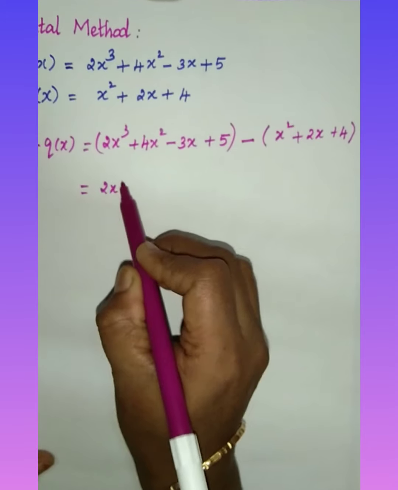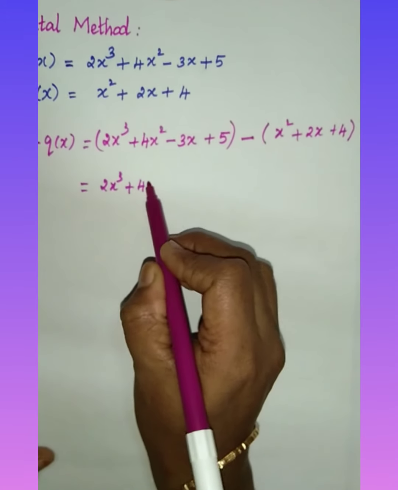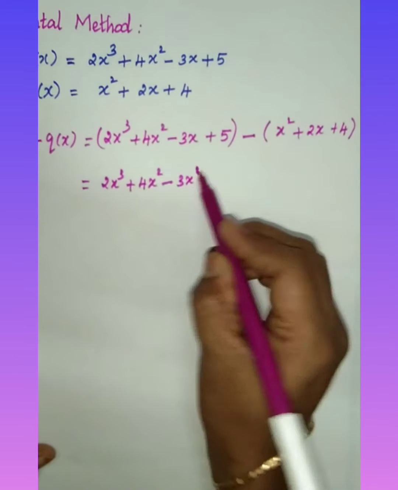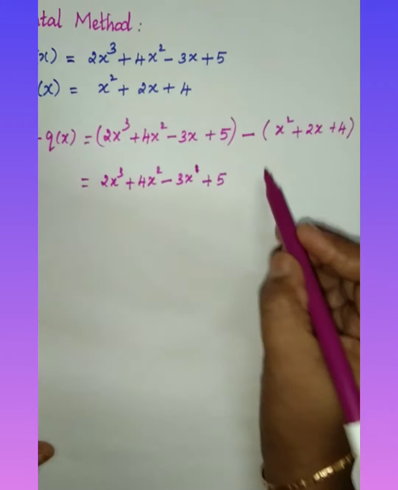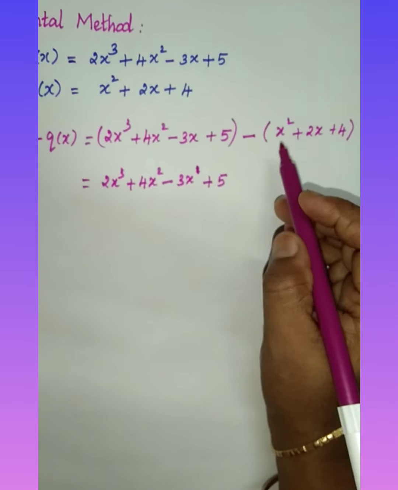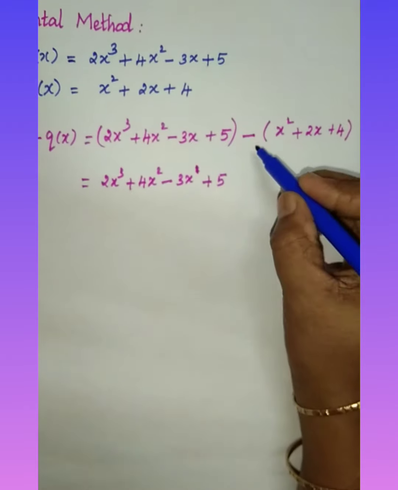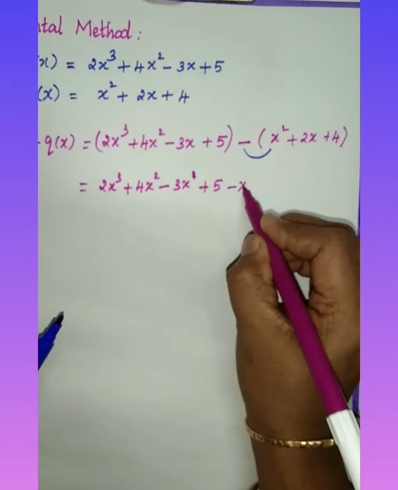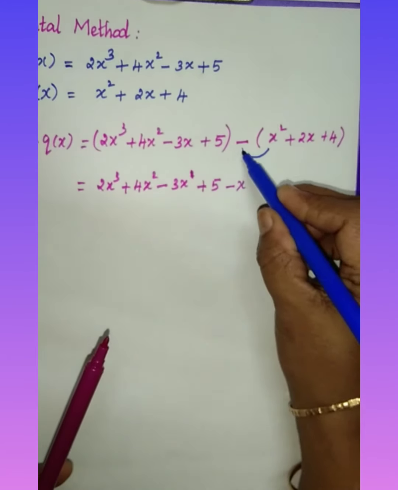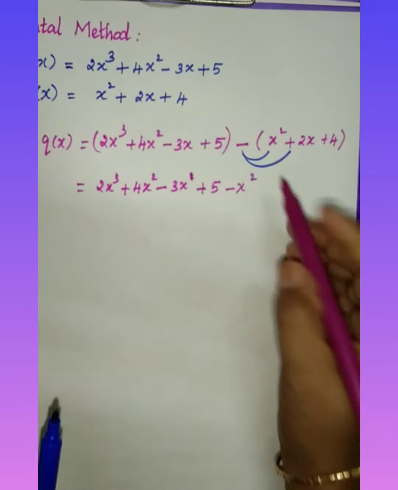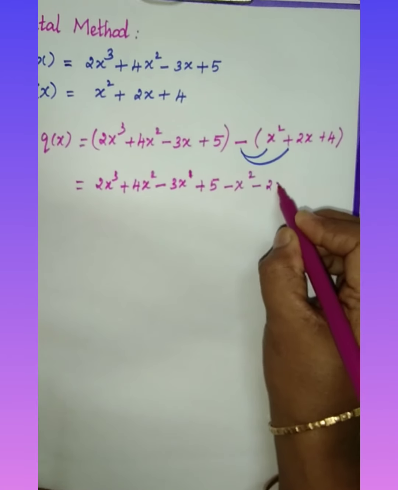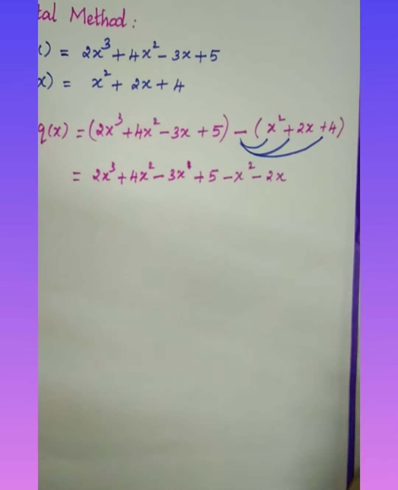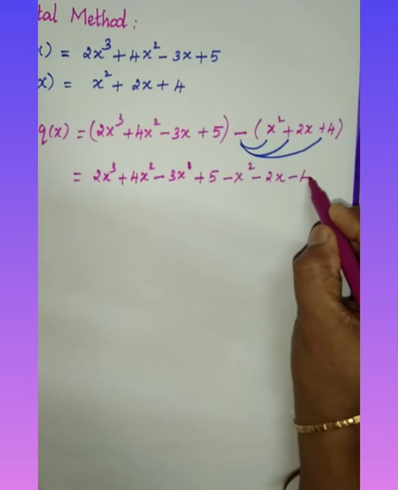First polynomial as it is we can write 2x power 3 plus 4x square minus 3x plus 5, minus into plus x square, that is minus x square, then minus into plus 2x is minus 2x, then minus into plus 4, minus into plus is minus 4.